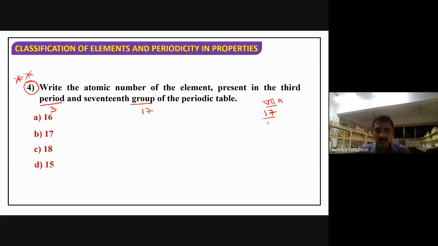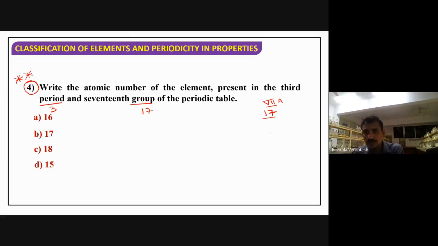You understood my question. No, sir, there is no element. Right. The elements start from the second period because in the first period only 2 elements are there, hydrogen and helium. Other than hydrogen and helium, elements will start from the second period only.